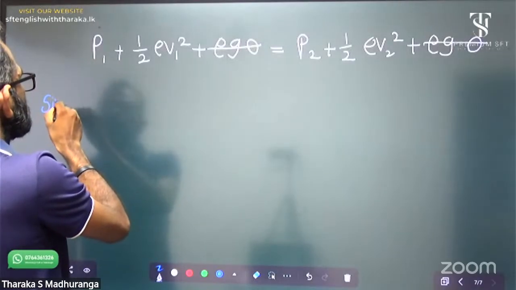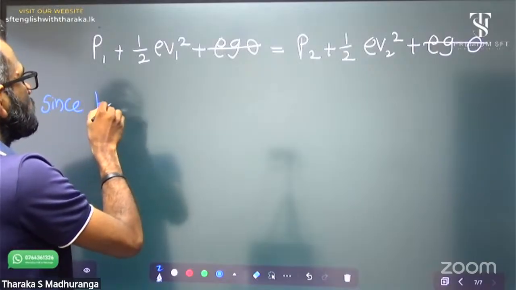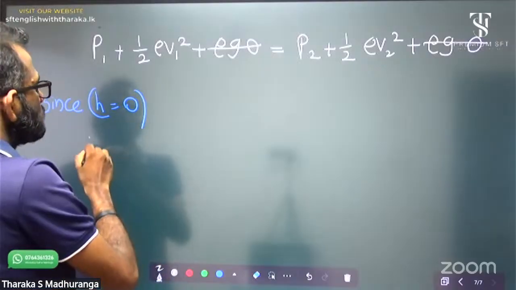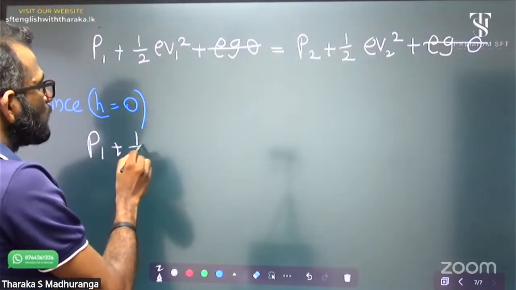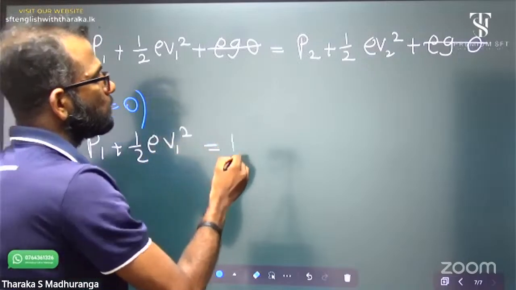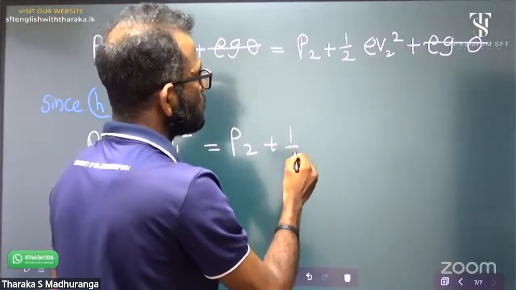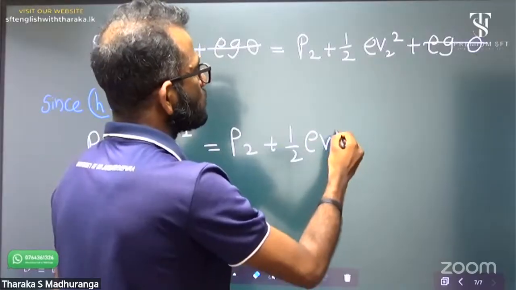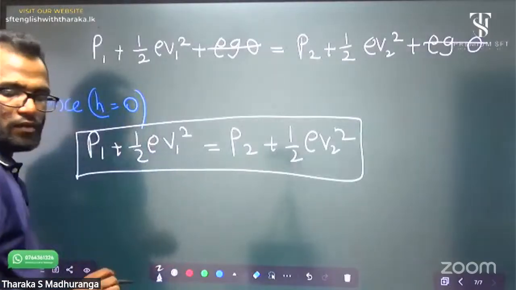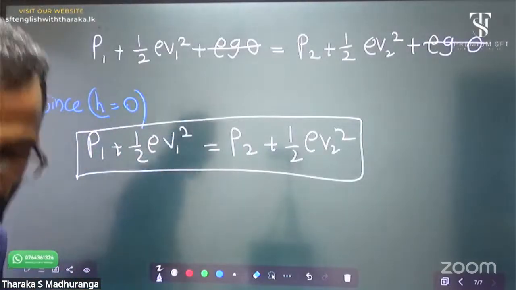Since h equals zero, potential energy equals zero, then P1 plus half rho V1 squared equals P2 plus half rho V2 squared. No potential energy difference.